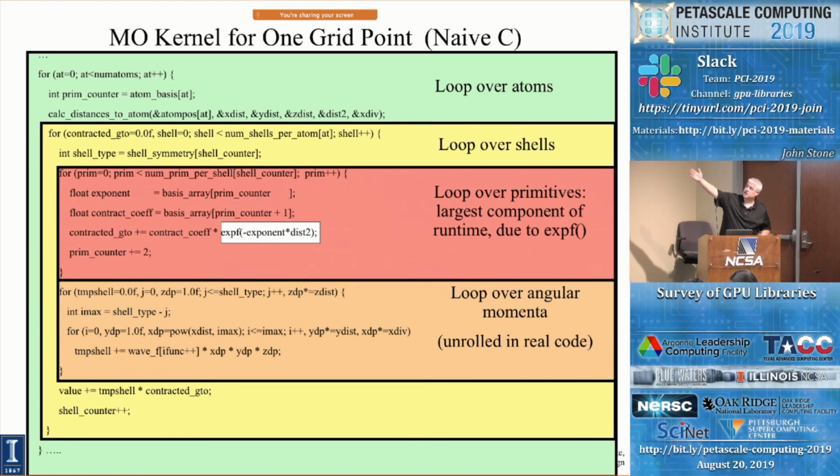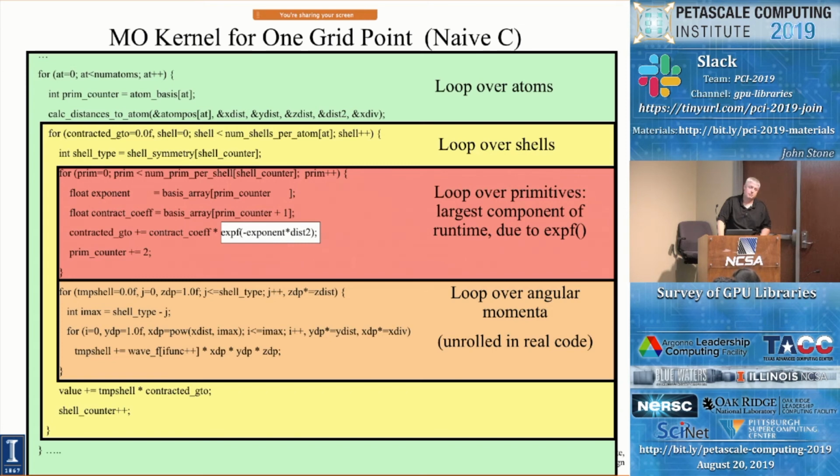So just as an example, this is a little molecular orbital visualization loop for quantum chemistry visualization. The main thing that costs the runtime in this entire multiply nested loop structure is that exponential call in the center there in the white. So that is by far the most floating point intensive part of the code, and because it's in a bunch of multiply nested loops, its cost is very high.